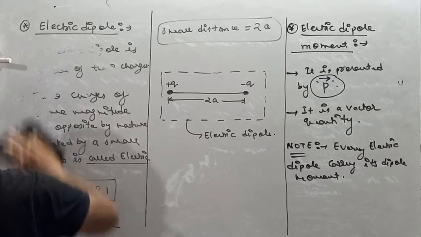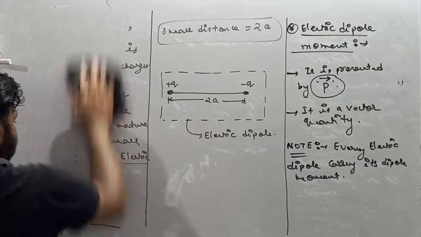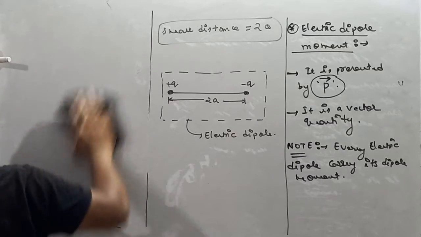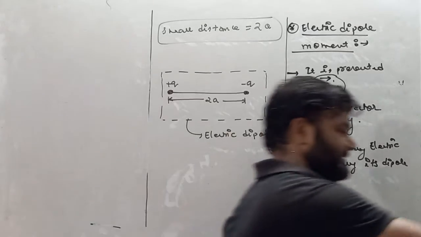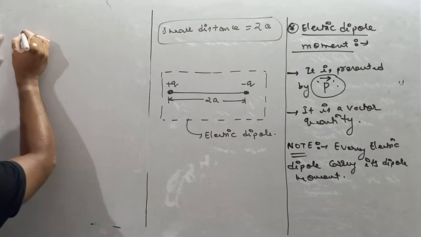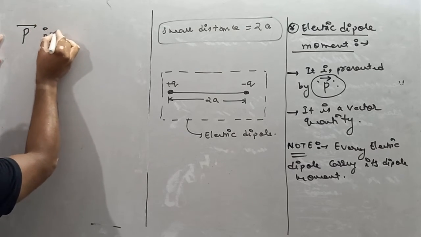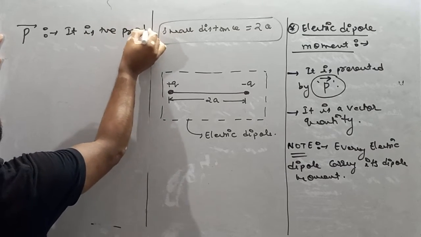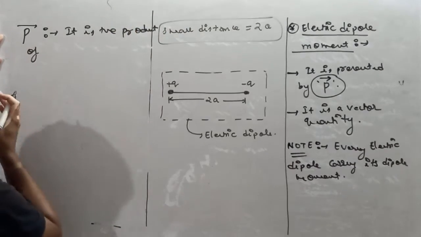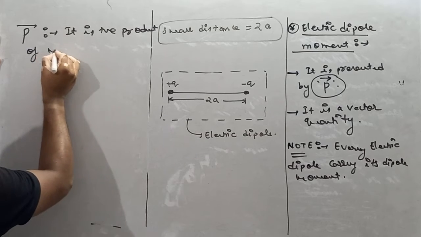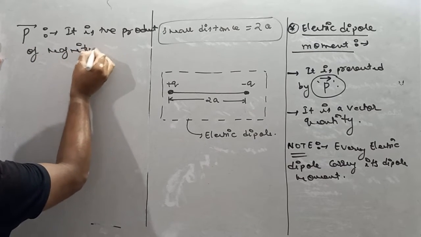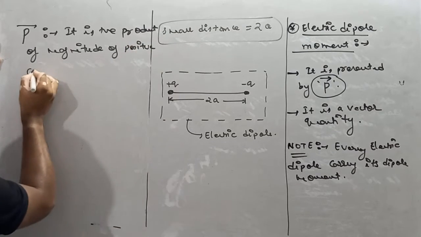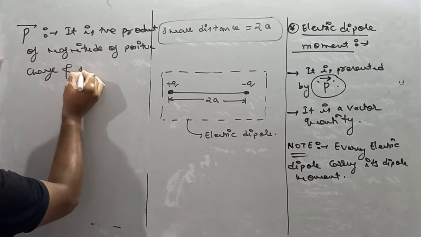Write down: it is the product of magnitude of positive charge and separation between the charges. So I'll write here, electric dipole moment is the product of magnitude of positive charge and separation between the charges.